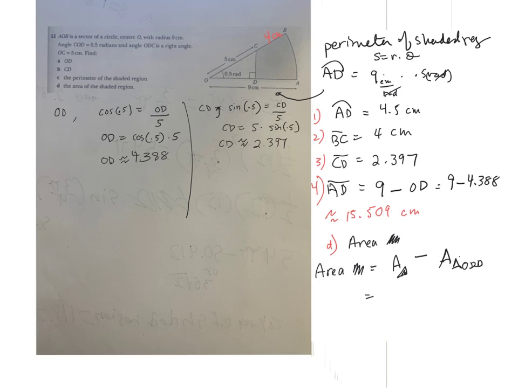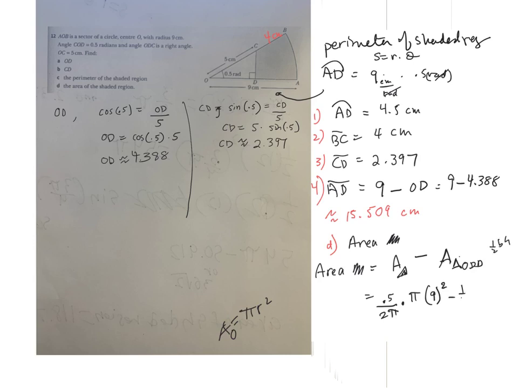There we go. So the area of the sector is what fraction of the circle? You can see it's 0.5 radians out of 2 pi radians, which would be all the way around, times the area of the circle. And you know the area of a circle? Pi r squared. So times pi times the radius 9, squared. That's the area of the whole piece of pizza. And then the area of the triangle is one half base times height.